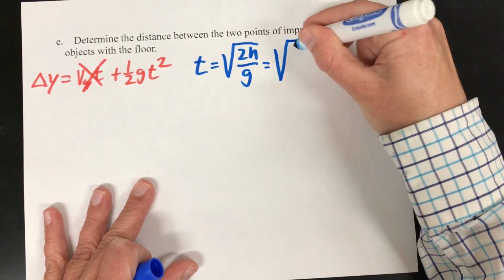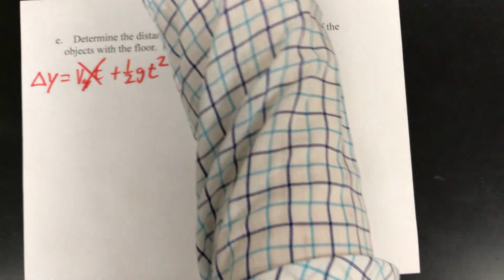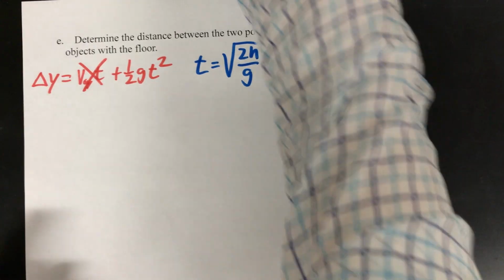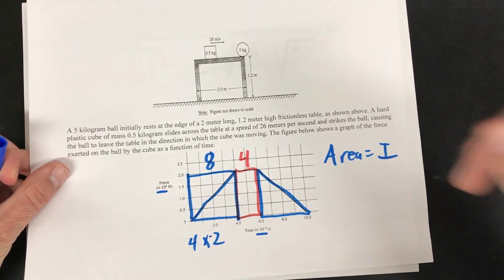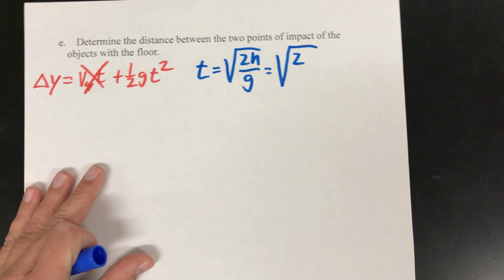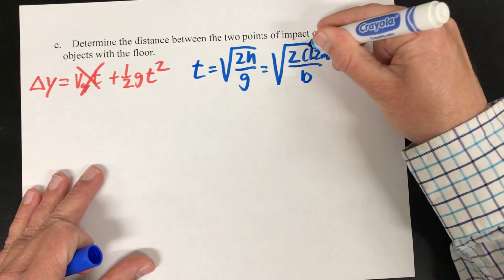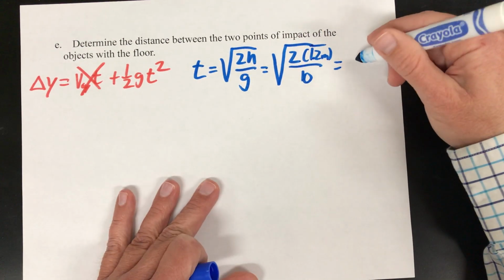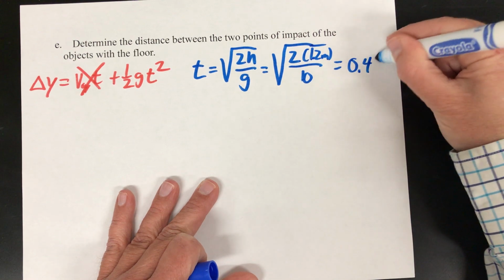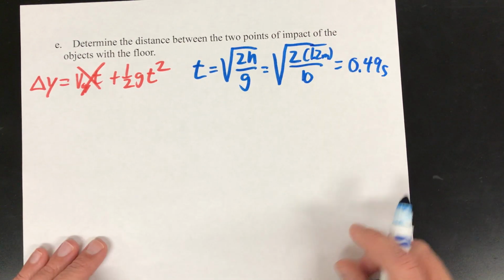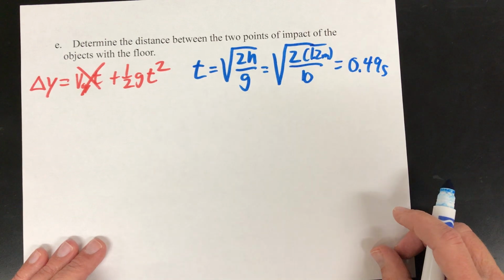Let's plug in for this. Be careful here. Go back to this picture here. The height that we have on this one is 1.2 meters. So 2 times 1.2 meters over 10, square root of all of that, and you will get 0.49 seconds to hit the ground. So that's how long we have to fall.